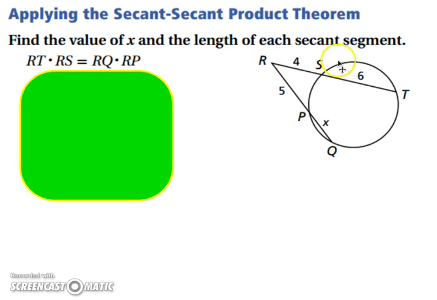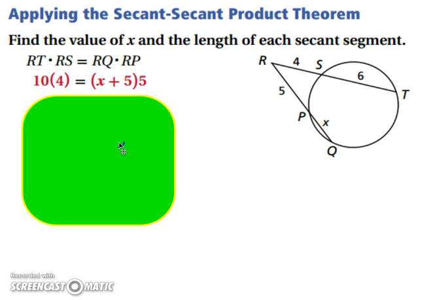Okay, so we have our whole, which is RT, times whatever's outside, which is RS, equals RQ times the outside, which is RP. Well, RT, its total is 10. So we have 10 times 4 equals, we don't know what this x is, so just 5 plus x times 5.